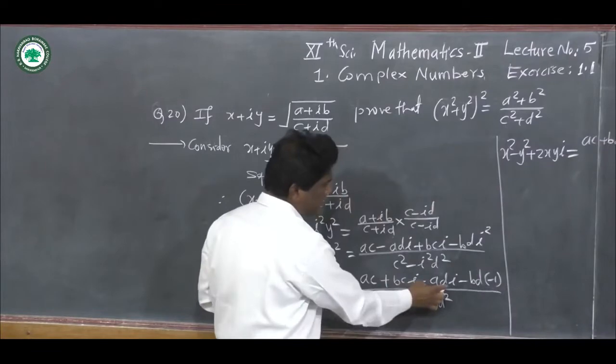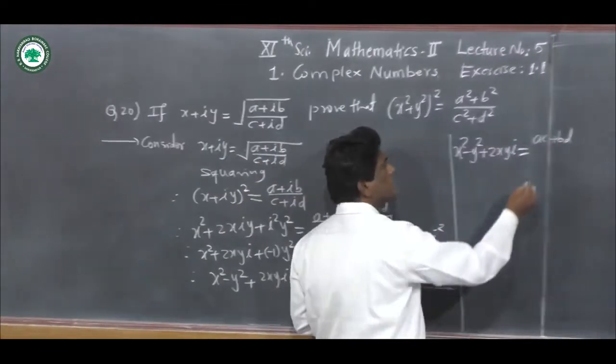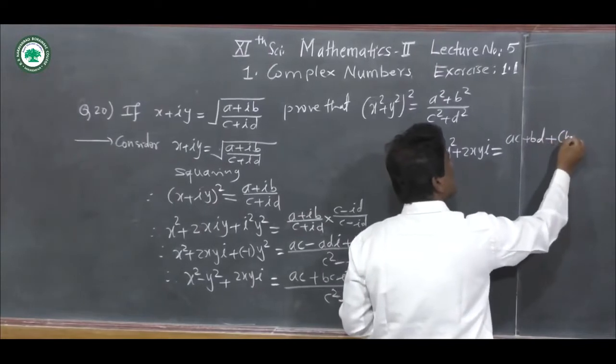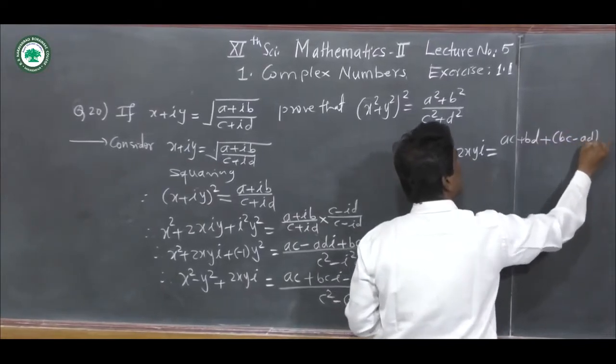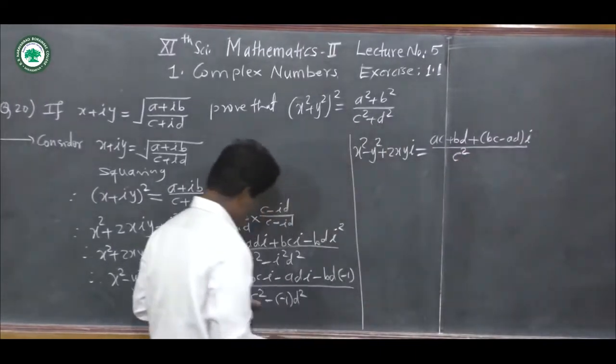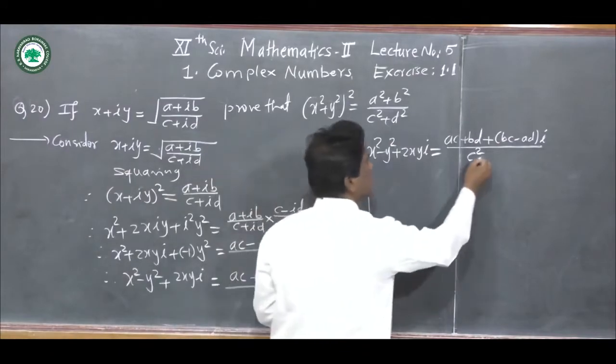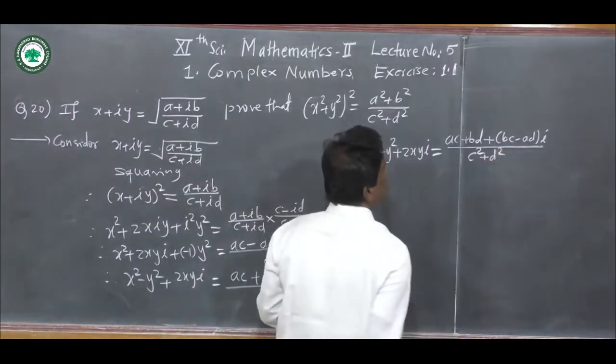Then from these two take i common, so plus (bc − ad) into i, and the whole divided by here c², and minus minus plus, so plus d², c² + d².